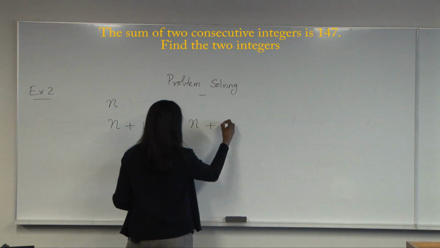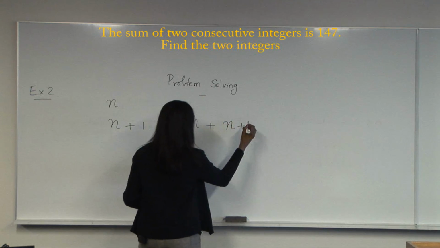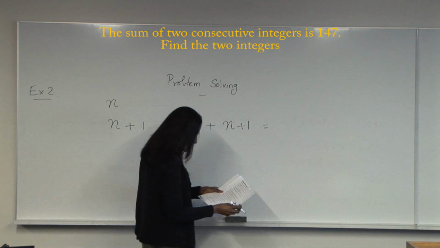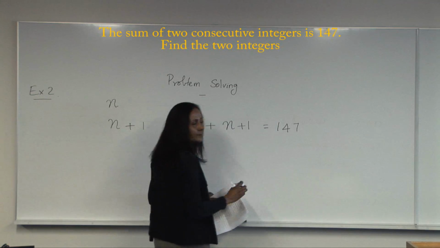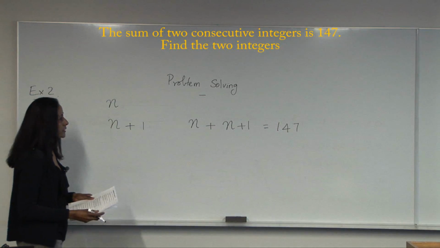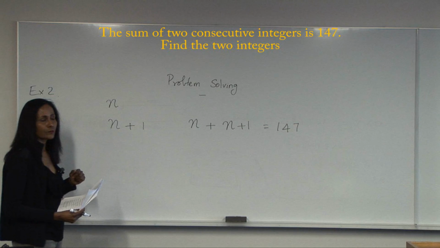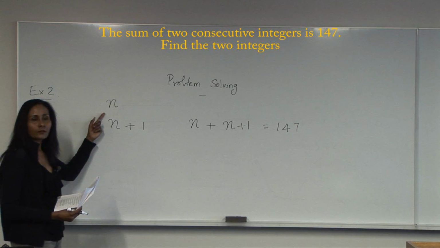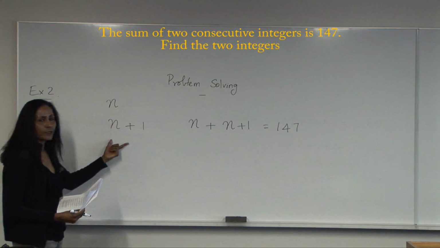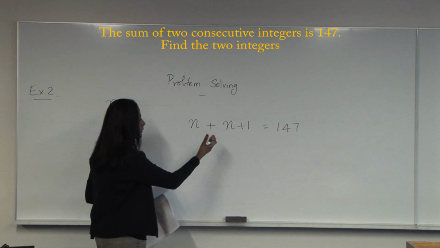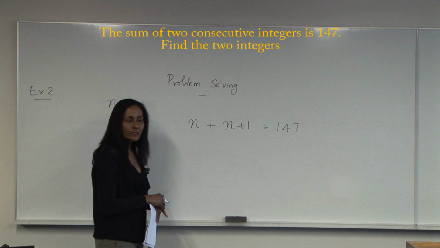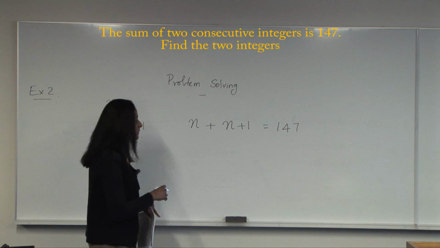So first one plus n plus 1 is equal to 147. The question is find these two integers. So what do we have to find? We have to find n first and then just add 1 to get the other integer. So we have to solve this equation for n.